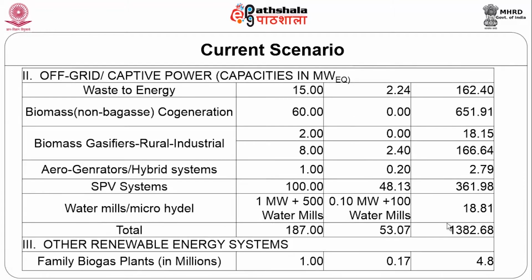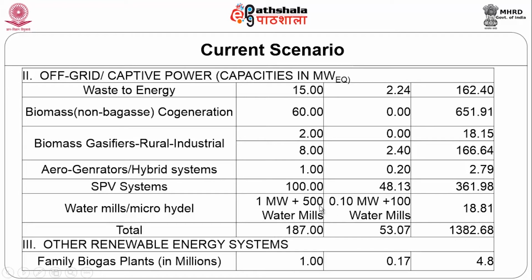And this is about off grid power plants: biomass non-bagasse cogeneration is about 651.91 megawatt, biomass gasifier in rural areas for industrial applications is 18.15 megawatt, aero generator is about 2.79, solar photovoltaic systems 361.98, and windmills and micro hydel 18.81, overall 1,382.68.